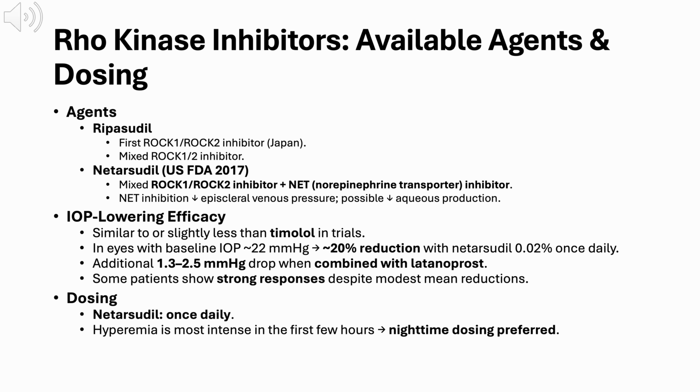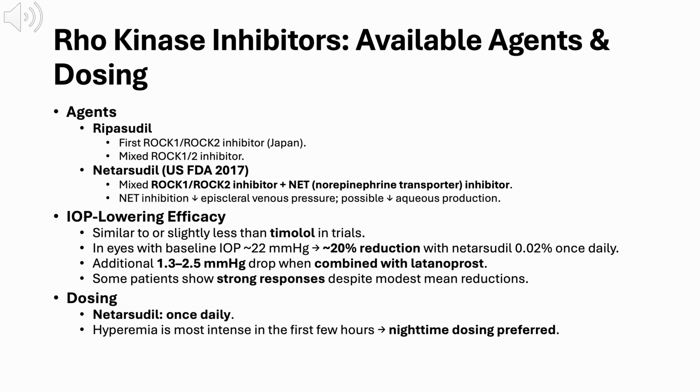In terms of efficacy, Rho kinase inhibitors typically achieve IOP reductions comparable to or slightly less than timolol. For patients with baseline IOP around 22 millimeters of mercury, netarsudil's 0.02% once daily produces roughly a 20% decrease. When combined with latanoprost, the effect increases by another 1.3 to 2.5 millimeters on average.